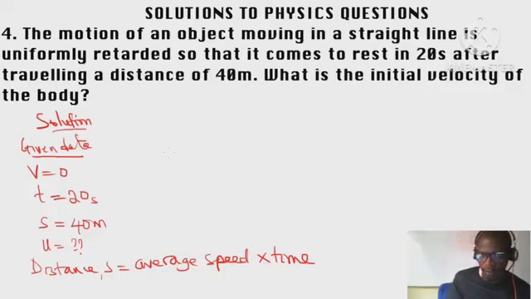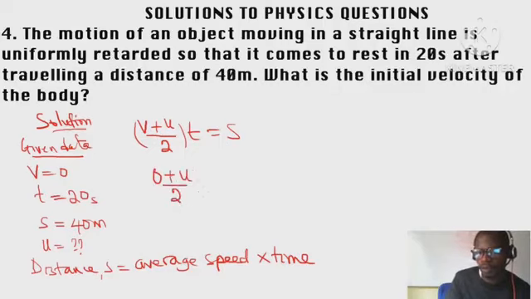The average speed is (v plus u) over 2, multiplied by the time, equals the distance. In this case, we are looking for the initial velocity, and we know that the final velocity is equal to 0. So it's (0 plus u) over 2, times the time, which is 20, equals the distance, which is 40.